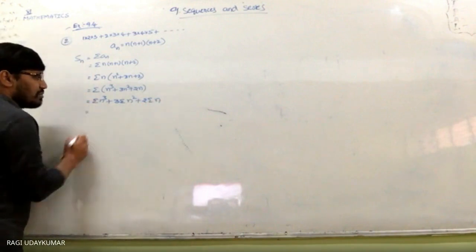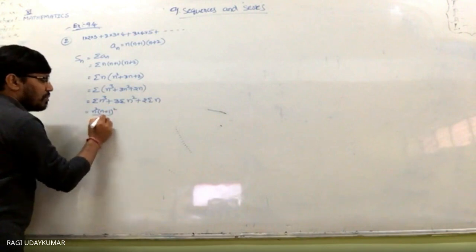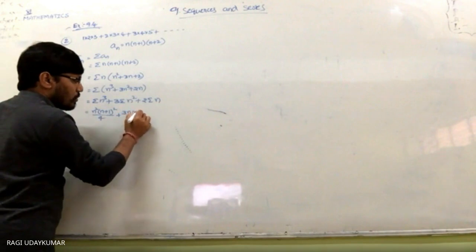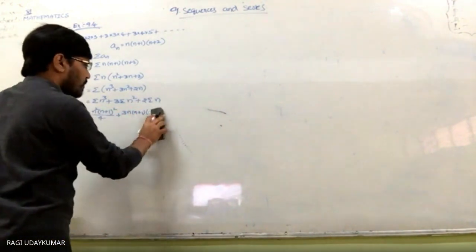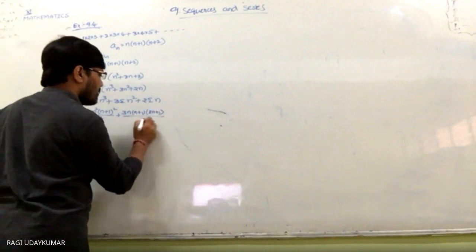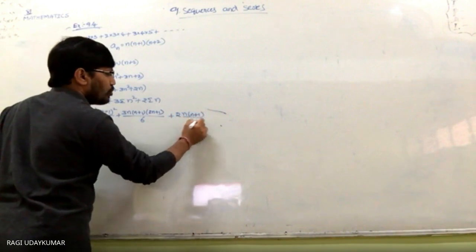Substitute the values. Sigma n cube is nothing but n square into n plus 1 whole square by 4, plus 3 into sigma n square value n into n plus 1 into 2n plus 1 by 6, plus 2 into n plus 1 by 2.